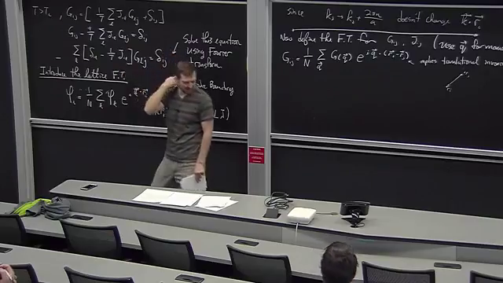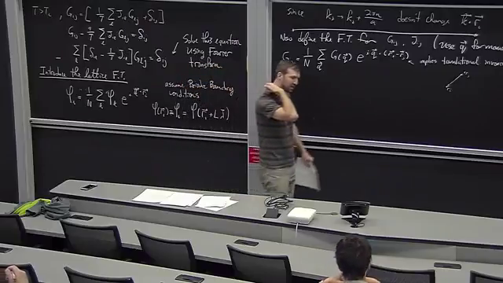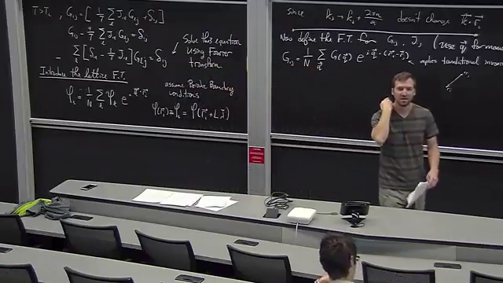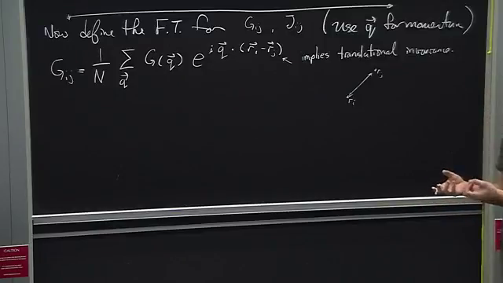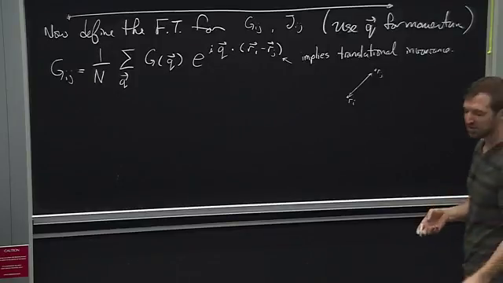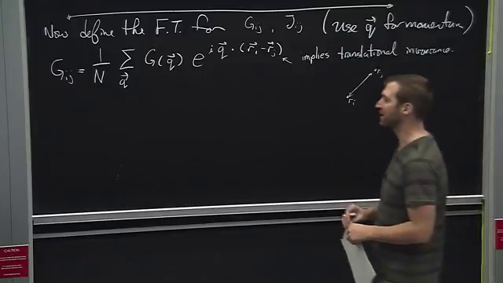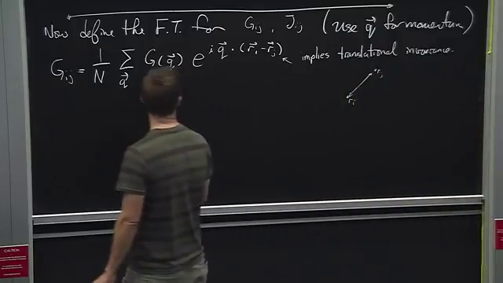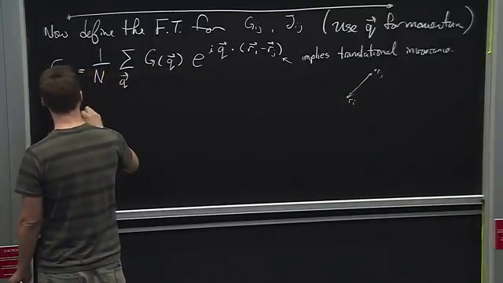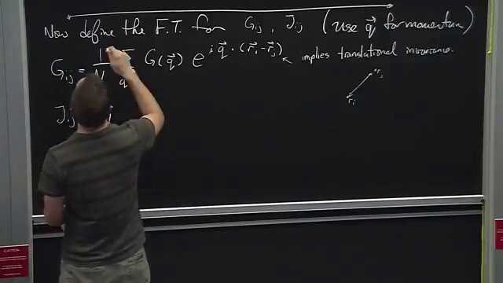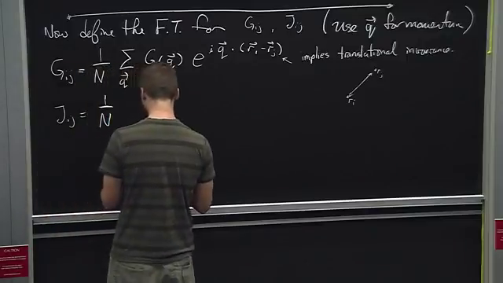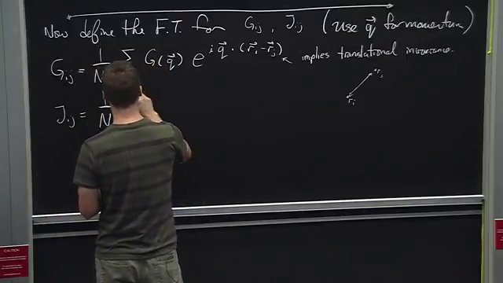So if you ever have a system that breaks translational invariance, maybe you want to put disorder in your system. So if you have quenched disorder, which means that maybe a field at site I is different than the field at site J. Once you start doing stuff like that, breaking translational invariance, then this whole analysis breaks down. So this is really just the simplest case. N is the number of lattice points, if I didn't define it already. So this is exactly the same.